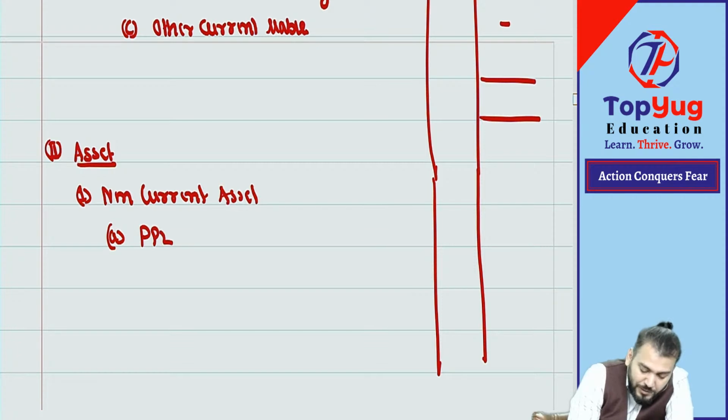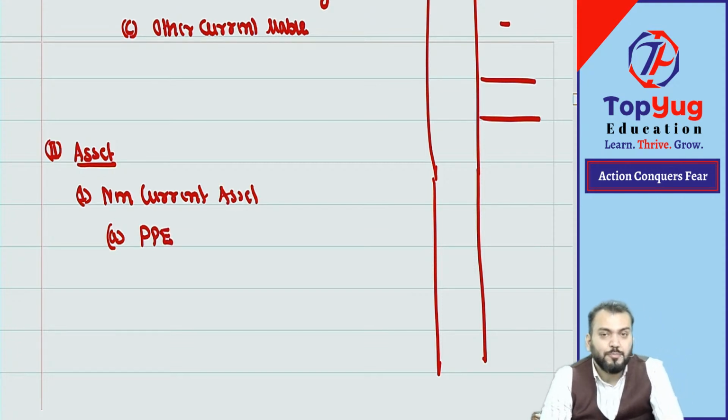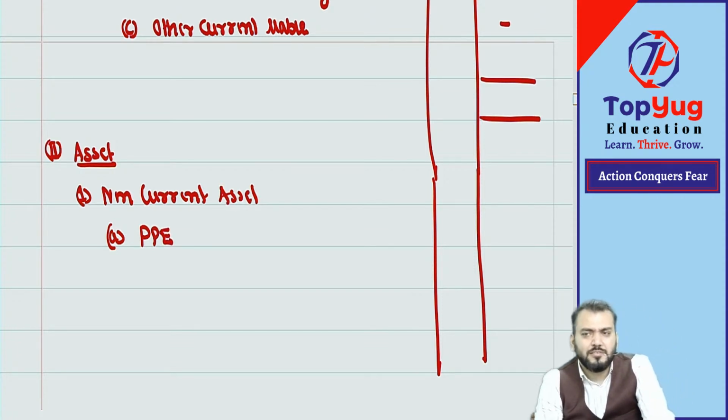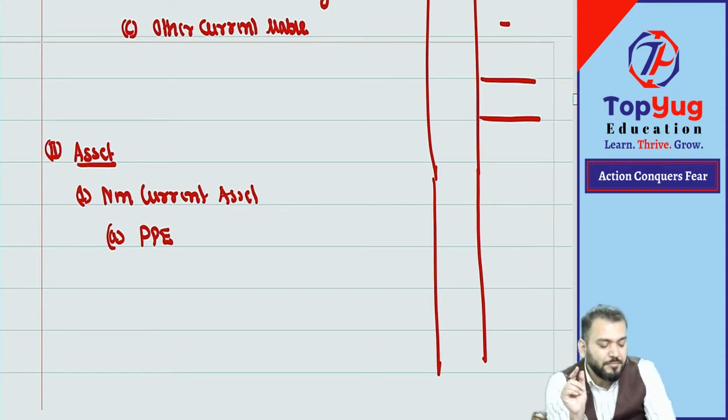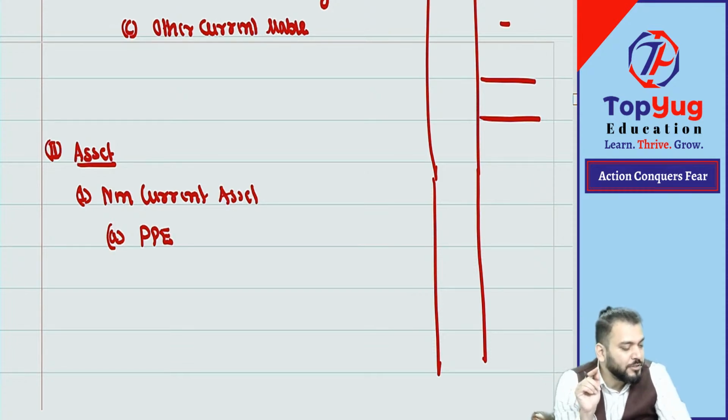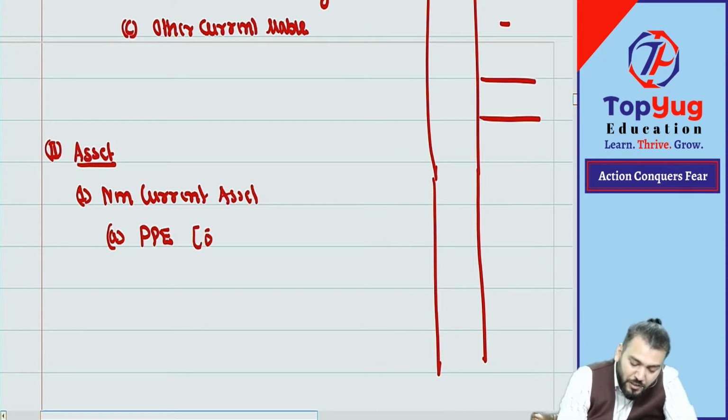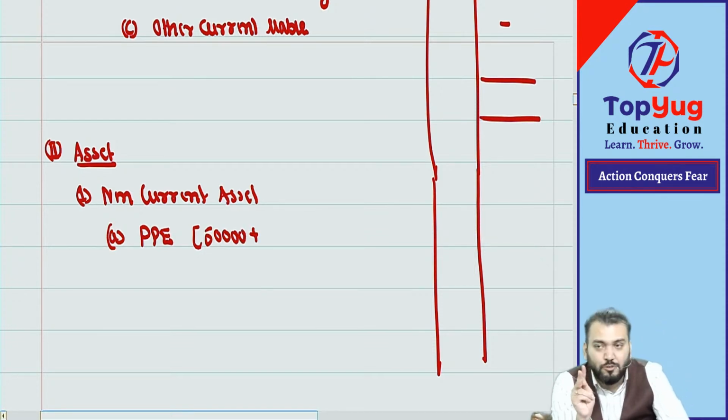Property, plant and equipment. So property, plant and equipment, of course, it will come. Check what is given first. There is one freehold property, one is plant. Plant remains the same, there is no change, so 50,000 will come as it is. But freehold property, there were two freehold properties.